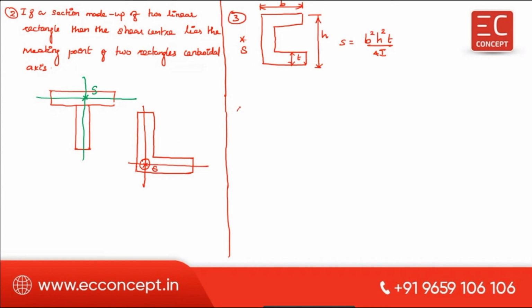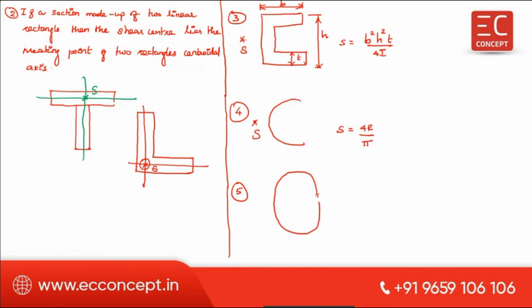The fourth one, a C section. For a C section, the shear center also lies somewhere here, and the distance is 4R by 5. The fifth one is for a section with a small opening.